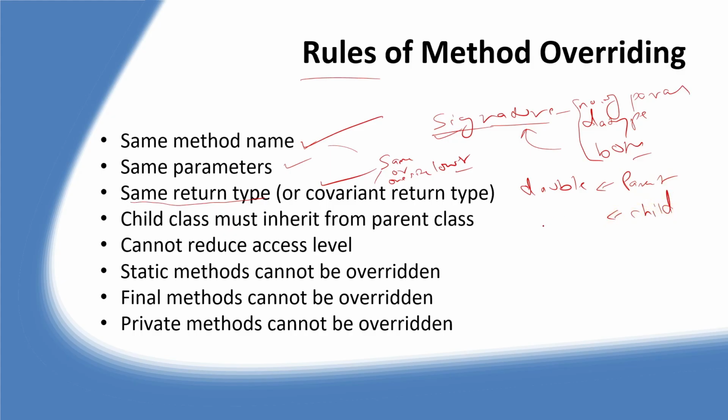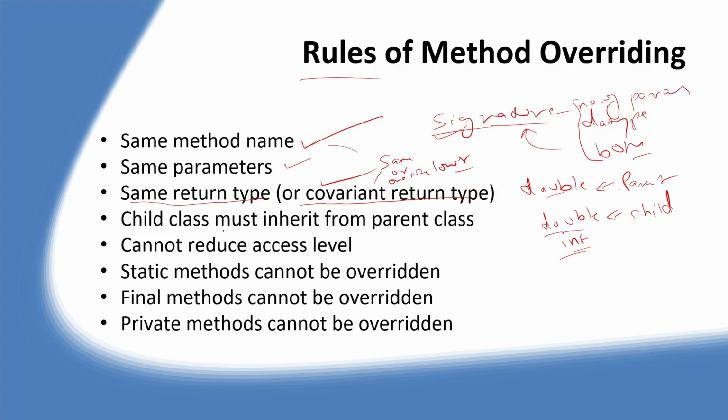It can be covariant. Covariant means the same, or one size lower. So we have two options. If we are overriding the method in the child class, we can use the return type double or int if the parent class method has double as the return type. That's what covariant is.